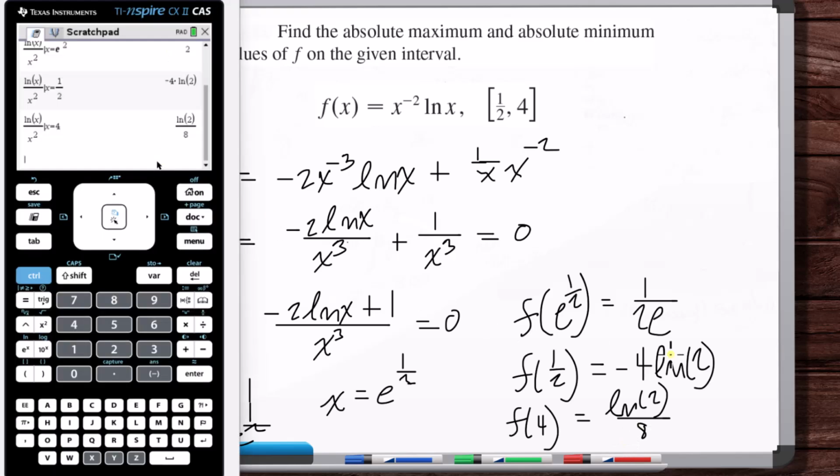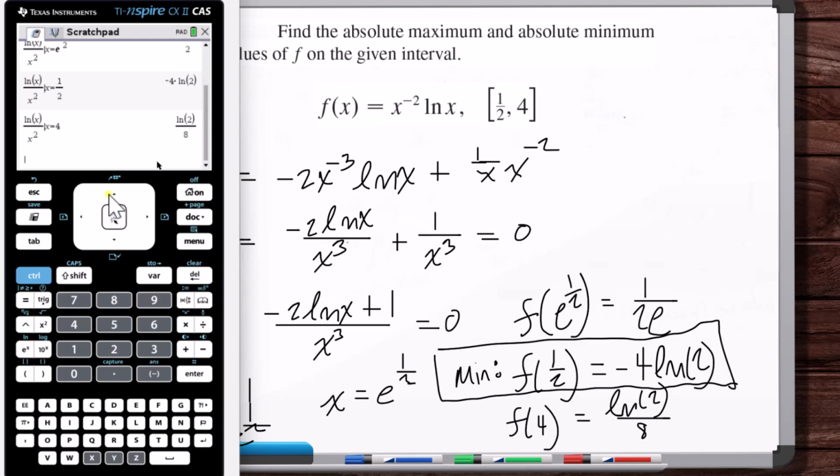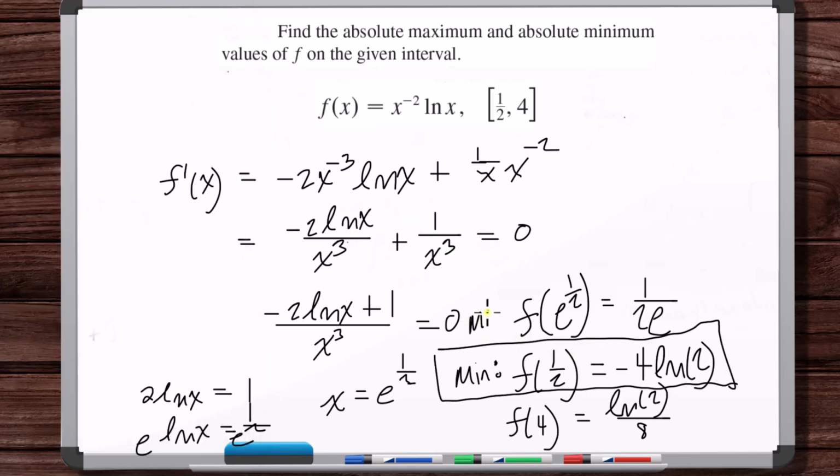So what is bigger, 1 over 2e or natural log of 2 over 8? This is the min, right? Now which of those two is the max? We'll say this minus this is a negative number. So this is larger. This is the max.